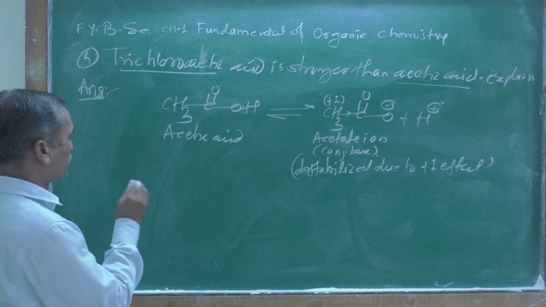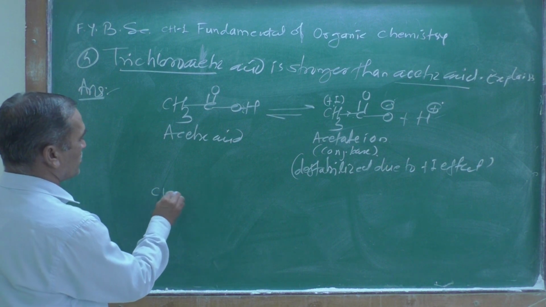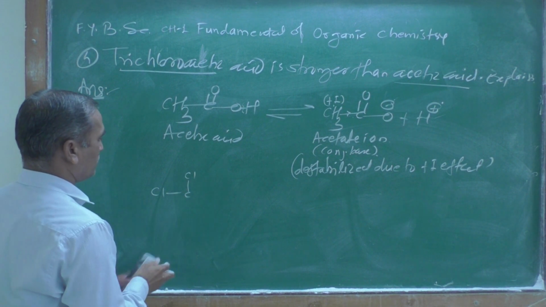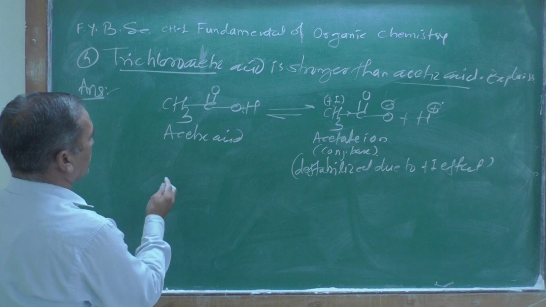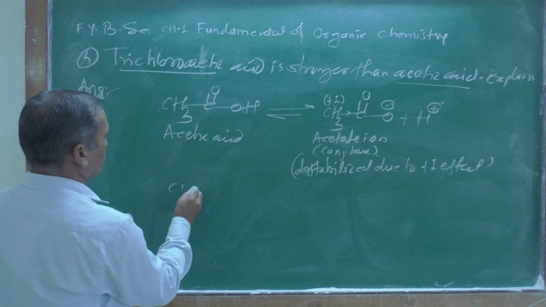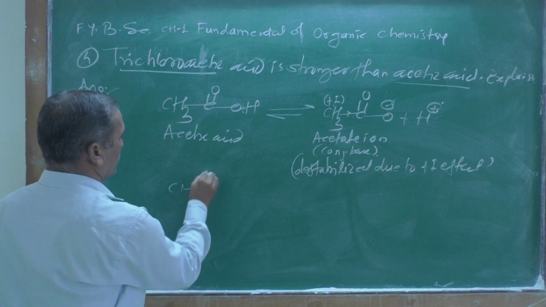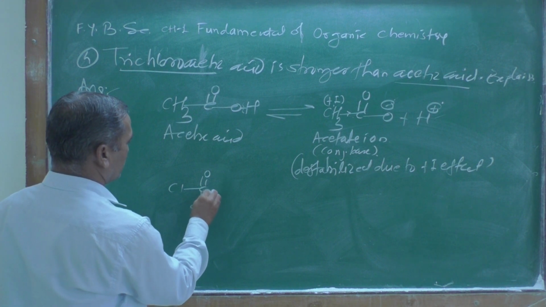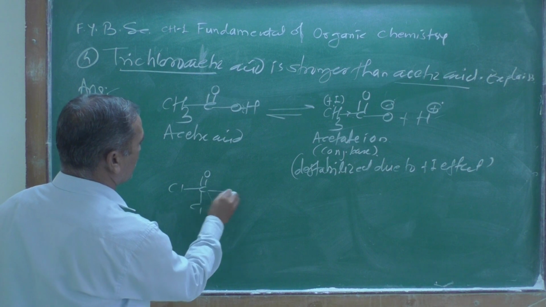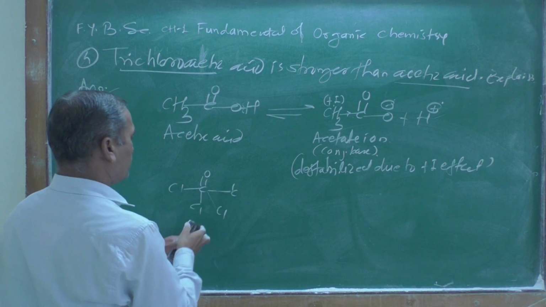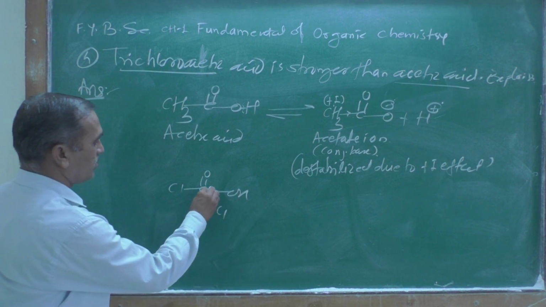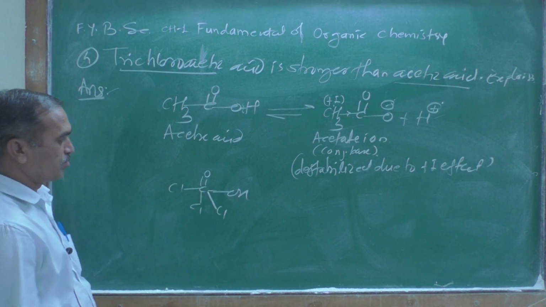What are they showing? They are showing this one, right? This is Cl, not this one. They are showing here Cl, then C double bond O, Cl, then maybe 3 Cl attached, then OH, right?